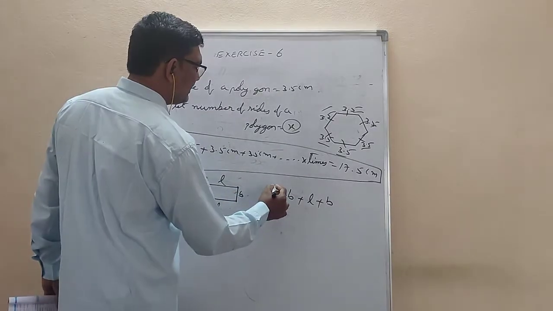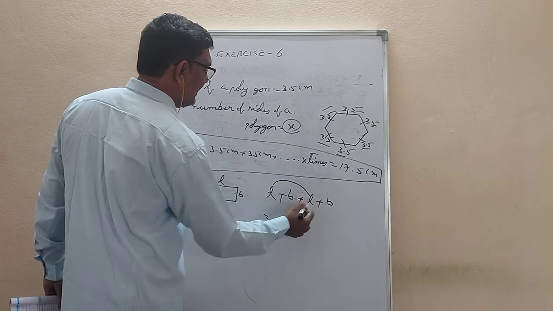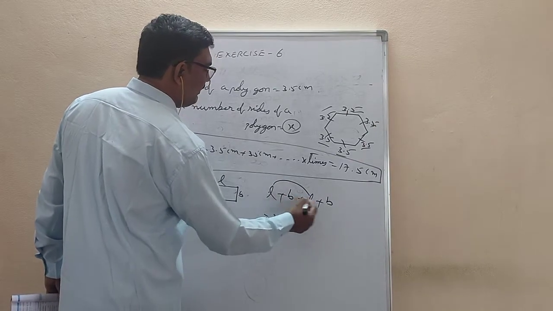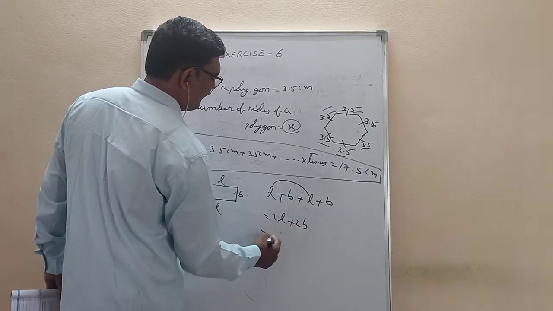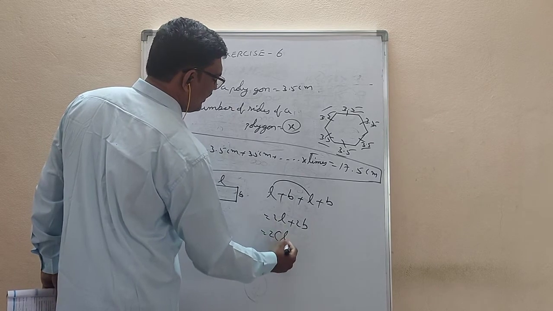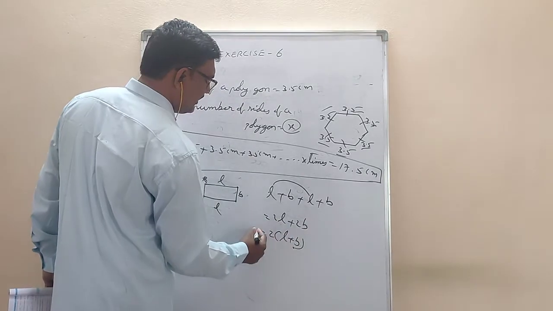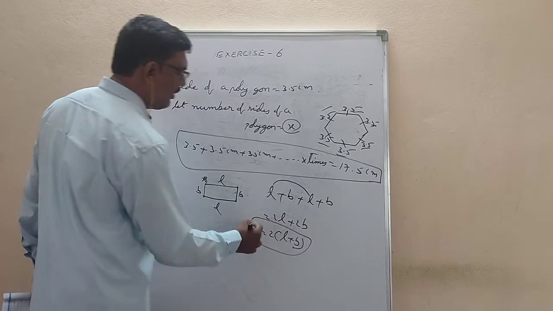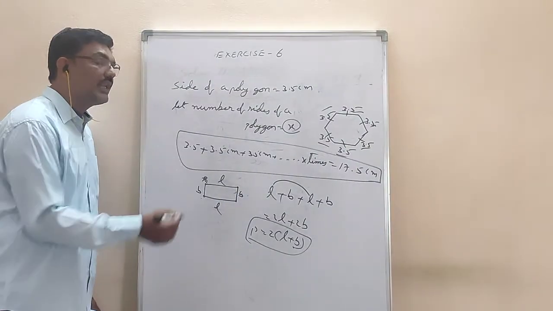So L plus L is 2L, B plus B is 2B. You can take 2 as common: 2 into L plus B. This is the formula for the perimeter of a rectangle.